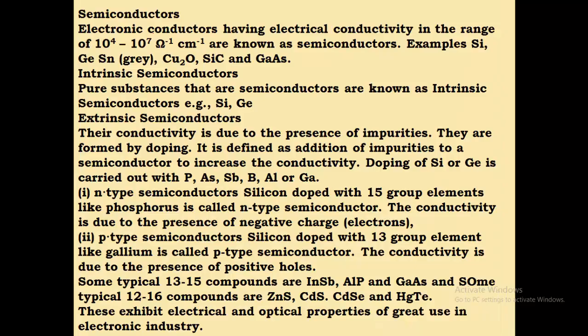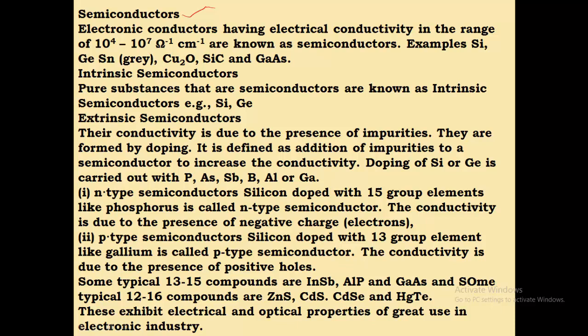Next, semiconductors. These partially conduct electricity, but their conductivity does not have much importance in day-to-day life. So in order to increase their conductivity, we add certain impurities into the semiconductor, and that process of addition of impurities to enhance the conductivity of semiconductors is known as doping.